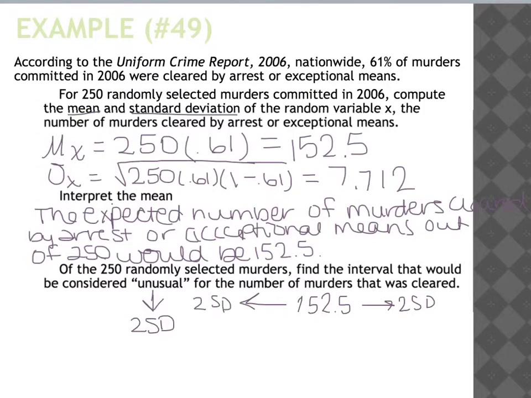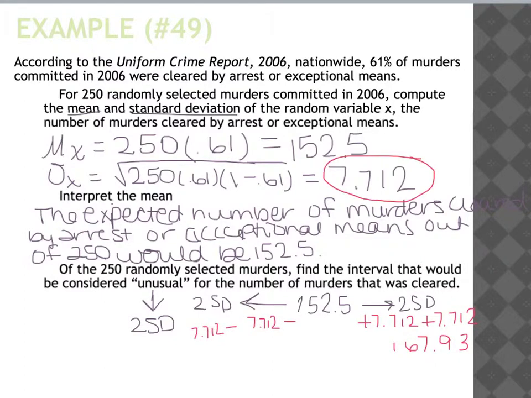So remember, the standard deviation is 7.712. So if we basically add 7.712 and then add 7.712 again, that's going to give us 167.93. And then we want to subtract 7.712 and then subtract 7.712 again, going the other direction, and then that will give us 137.076 approximately.